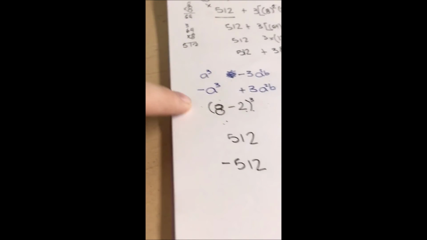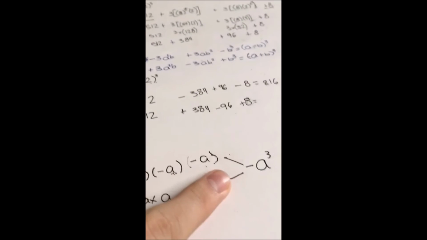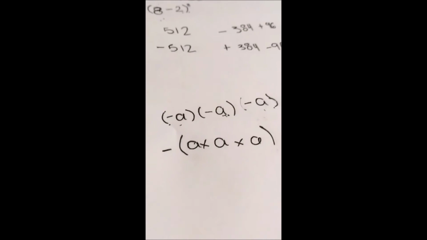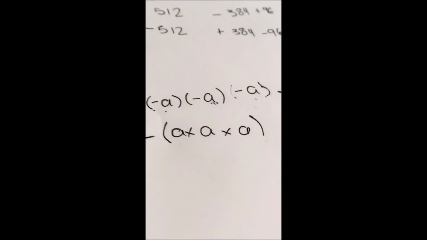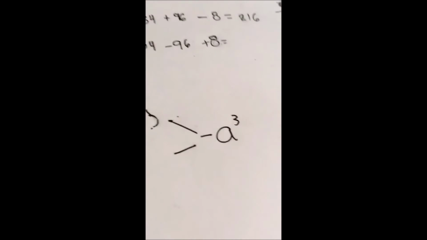And what I explained here was how you do this. For example, it will be like this: minus A times minus A times minus A is minus A cubed, or A times A with the minus and the three A's between parentheses. This will become this.